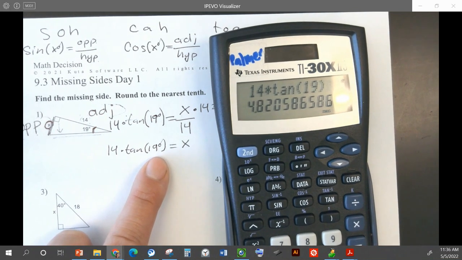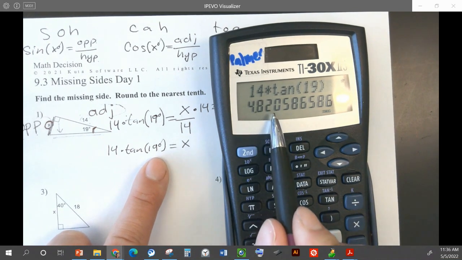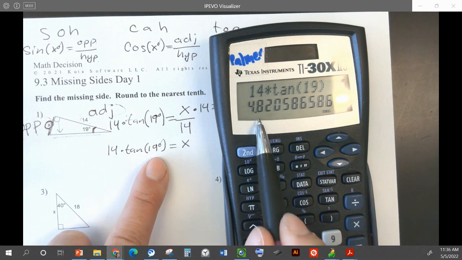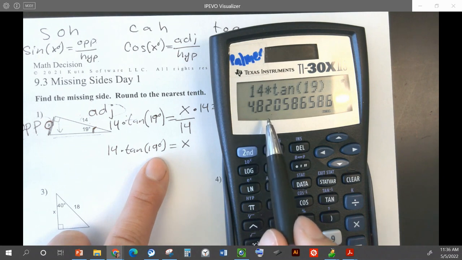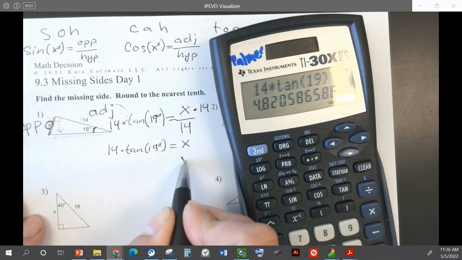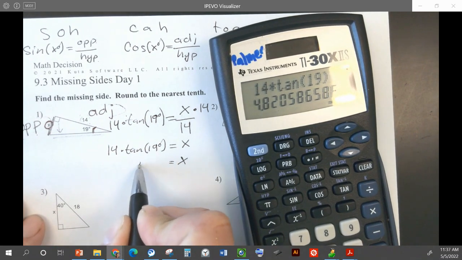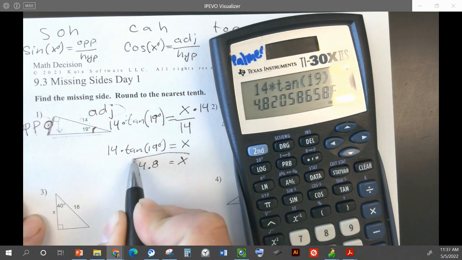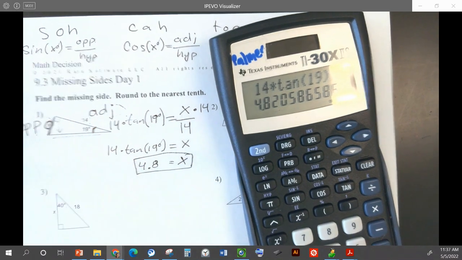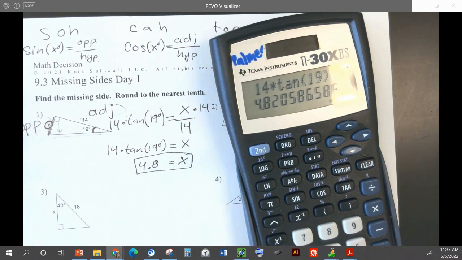And we're going to round to the nearest tenth here, so we're going to go to the hundredths place, the second decimal. This 2, that's less than 5. So I can just round down to 4.8. So that side length is 4.8. Okay, questions on that?